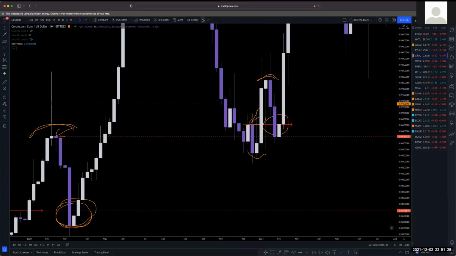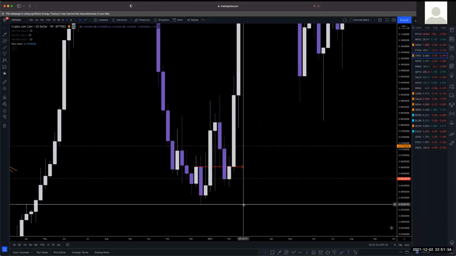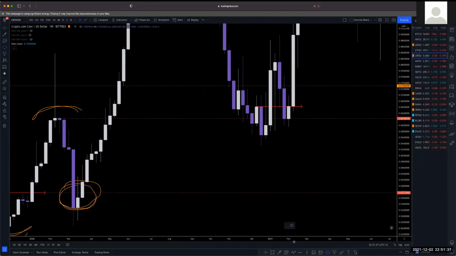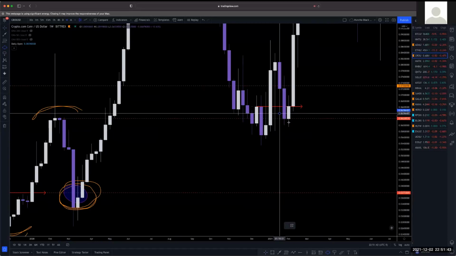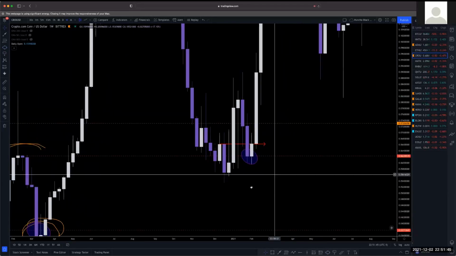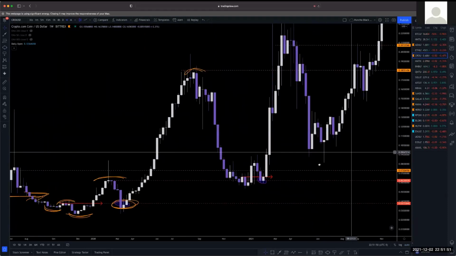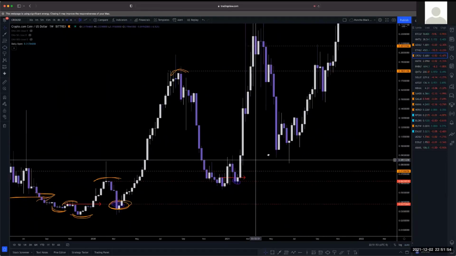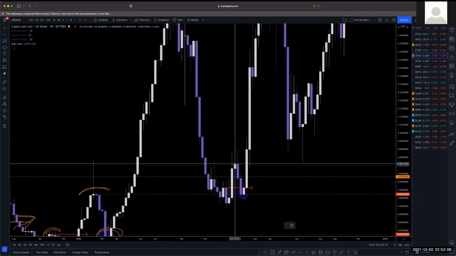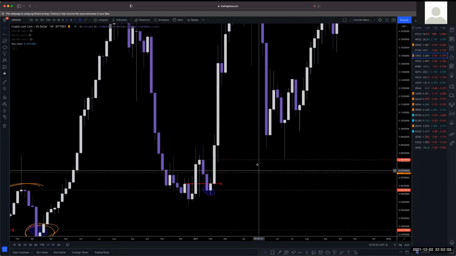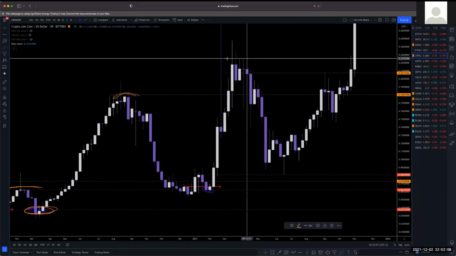After we get this price action, we start moving to the upside again. So we've got one entry right here. Another entry right here. Now, one thing you've got to see is we created a new high right here, a new daily high that then pushes above and creates a new higher high.